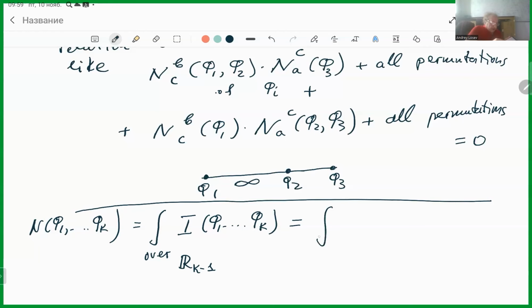That is the integral of I. And here I have non-ordered.